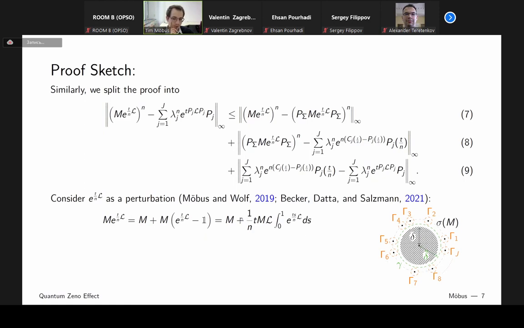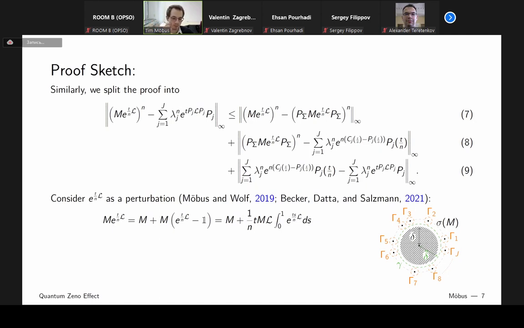So the uniform topology of our perturbation implies that we can find an n large enough, such that this separation of the spectrum holds true also for the perturbed M. And this is the key point, and also the key reason why we need this extra assumption in our theorem.